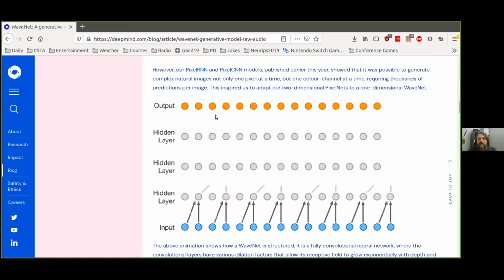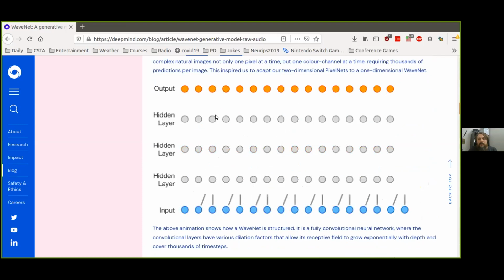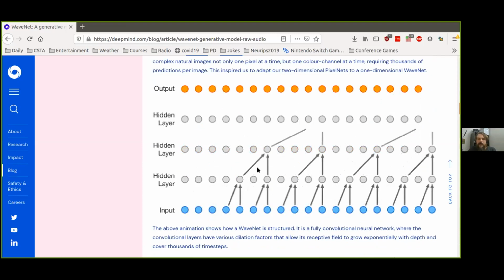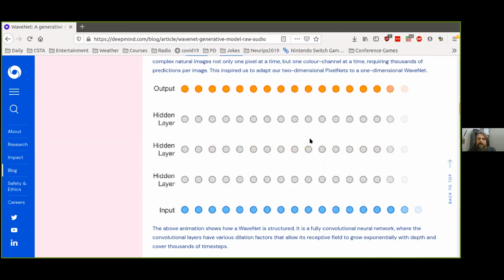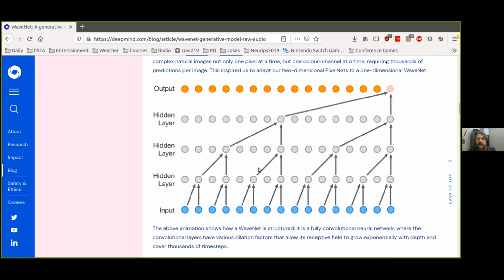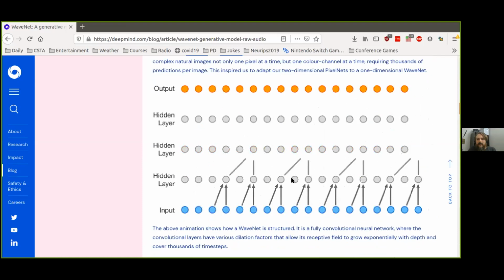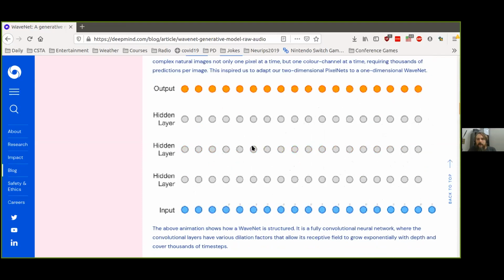The thing that's clever about Wavenet is it has this way of making the receptive field go exponential in the number of layers rather than linear. The way they do that is by using dilated convolutions. Each layer is skipping a different number of samples.